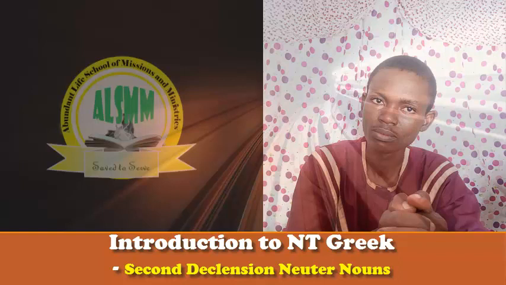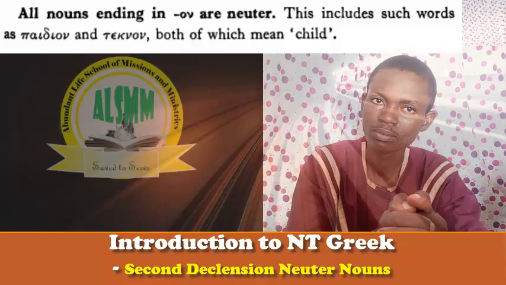That which is genderless, that which is sexless. Now, on neuter nouns, we shall be considering nouns that have endings as omicron, nu. So all nouns ending in omicron, nu are regarded as neuter.